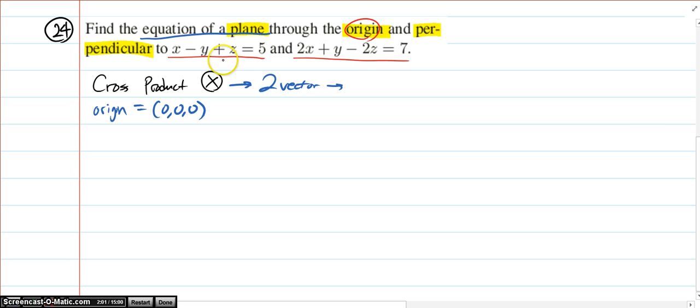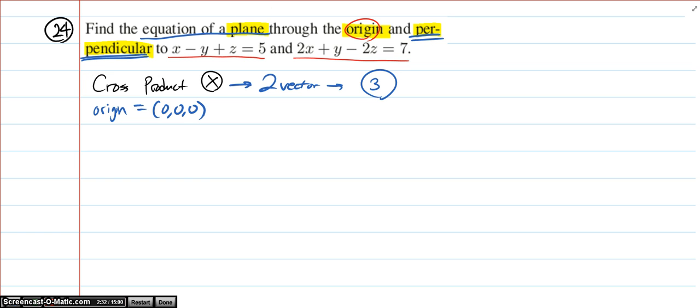So now we should get a vector from each of these two planes and do the cross product. In that way we get a new third vector that is perpendicular to the planes that include the two vectors that were used. So that will fulfill this requirement.